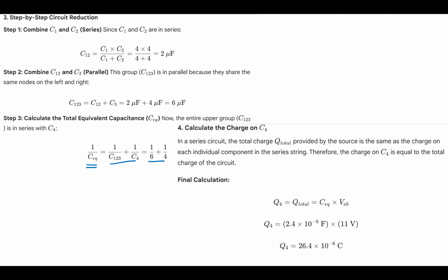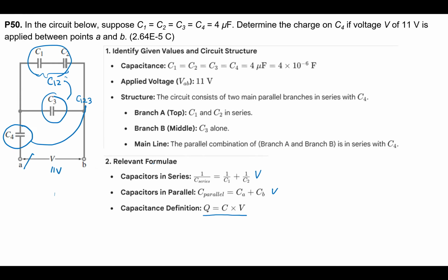We note that the total charge provided by the source is the same as the charge on each individual component in the series string. So therefore, the charge on C4 is equal to the total charge of the circuit.